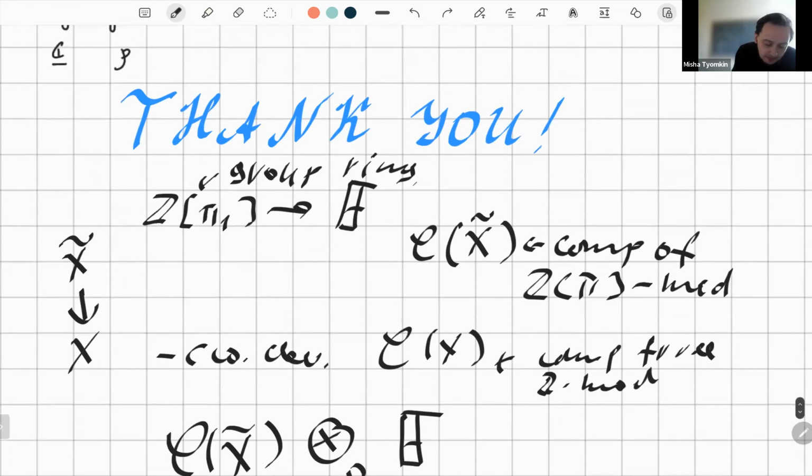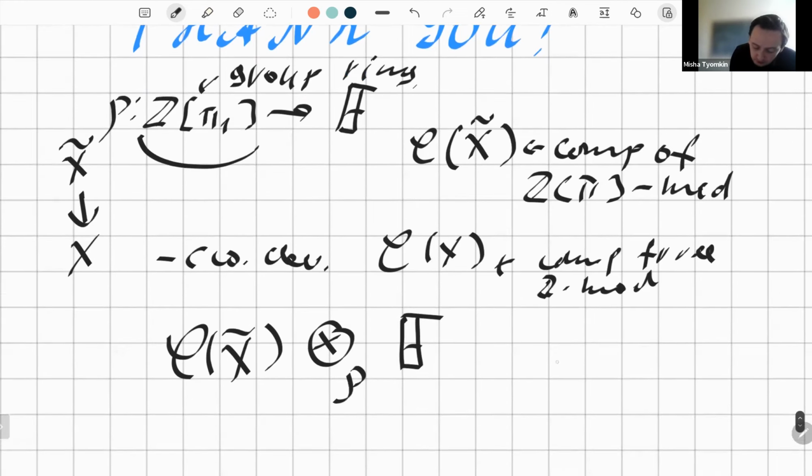Because if you have the map from something to F, then this turns F into a module over the source.